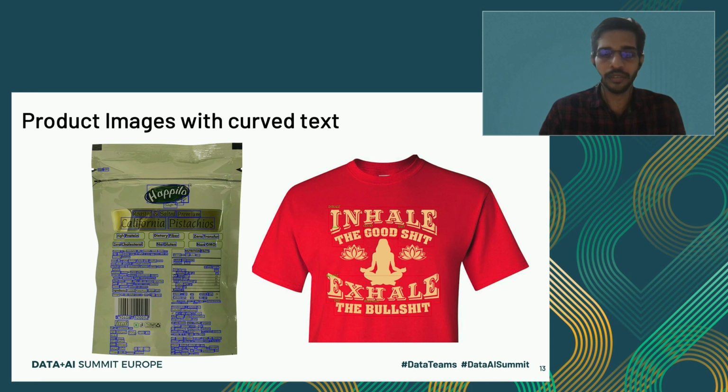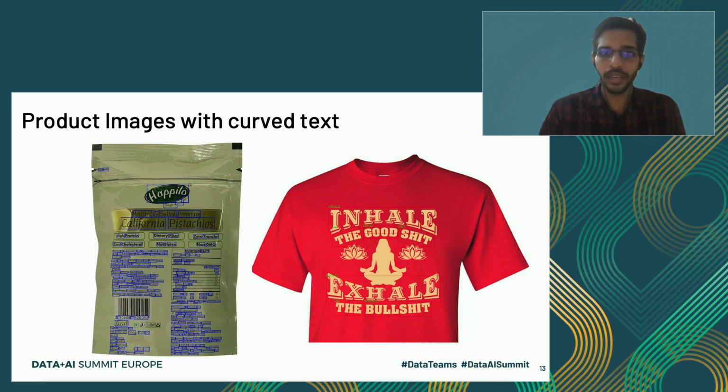On T-shirt images there are a few offensive texts, and sometimes the text was in a curved fashion. If you look at the left image, you can see the brand Happilo is written in a curved fashion. So we were facing some challenges in recognizing them with the attention or CRNN CTC network.